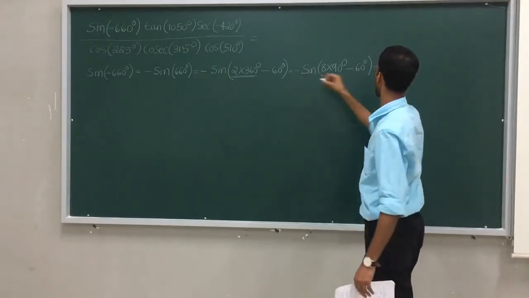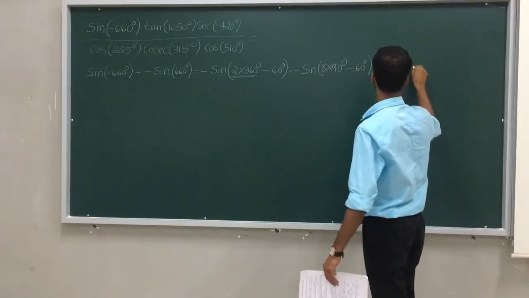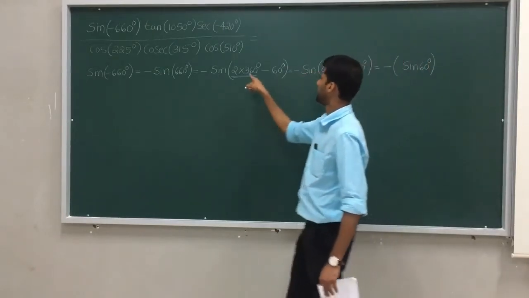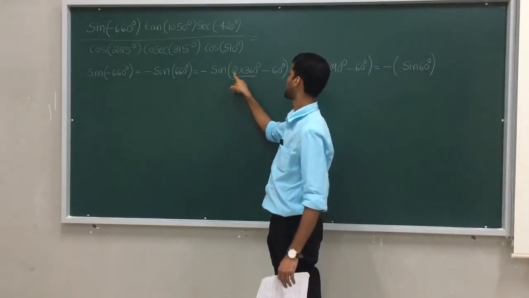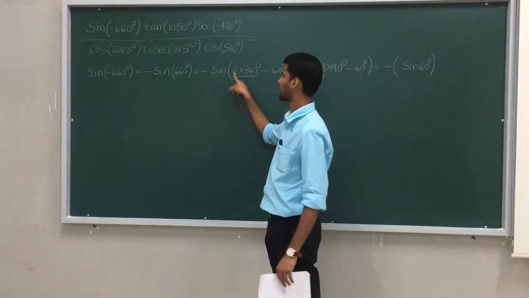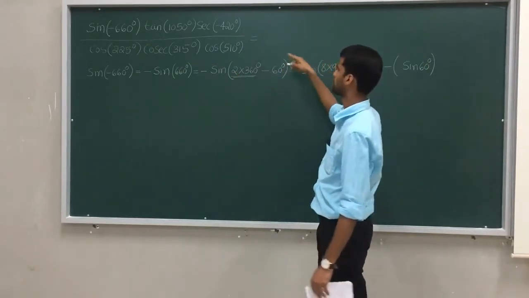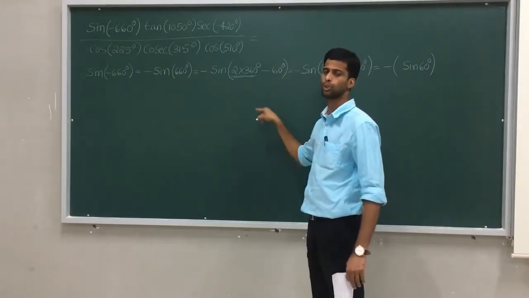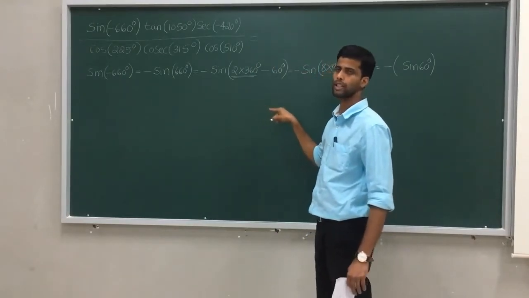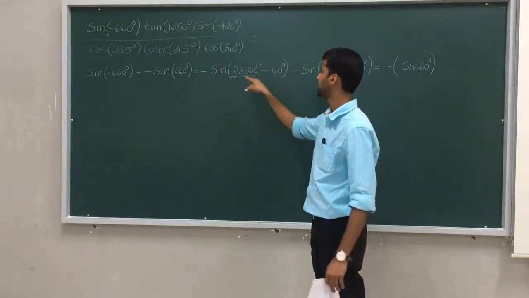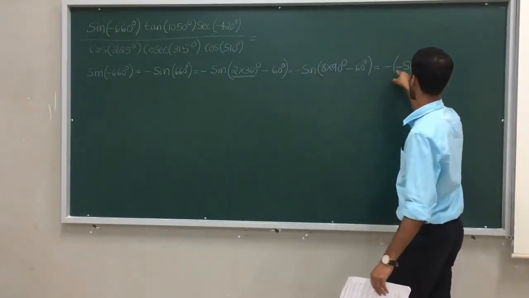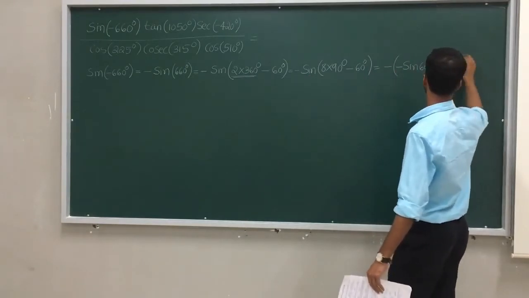It is already minus sine of 60 degree. 720 means 2 rotations, and 2 rotations minus 60 degree means it will come in the 4th quadrant. In the 4th quadrant, according to the ASTC rule, sine is negative. Therefore I write minus here. Minus minus becomes plus. Sin 60 is root 3 by 2.